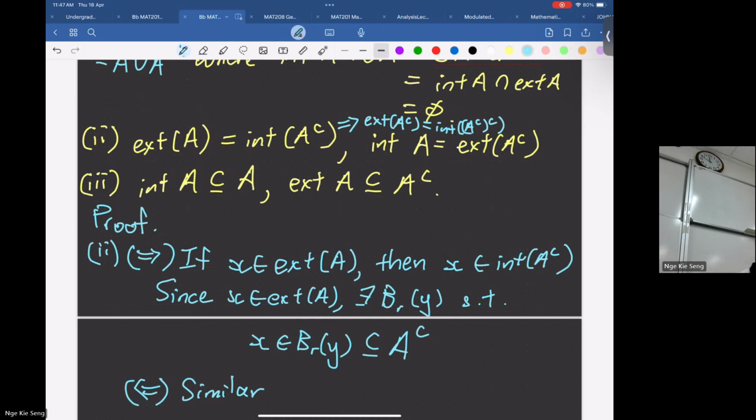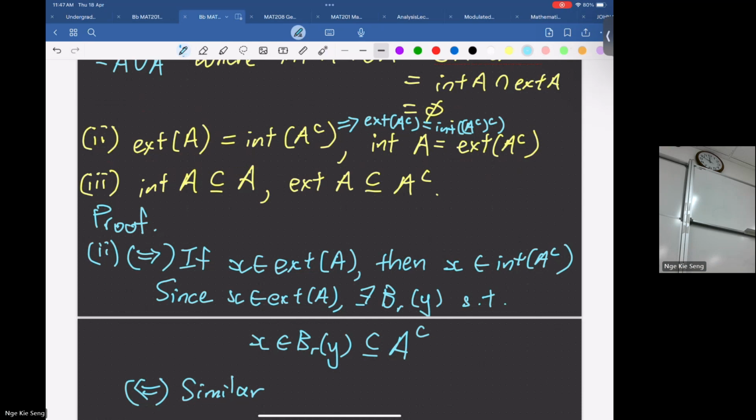Okay, 3 is quite trivial. I think you can show it yourself. But the non-trivial part about 3 is why the other subset inclusion is not true. Try and think about a counterexample. Why is there no equal sign there? That subset inclusion is by definition already.